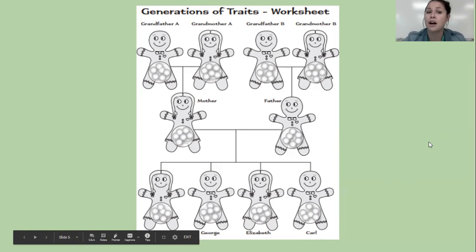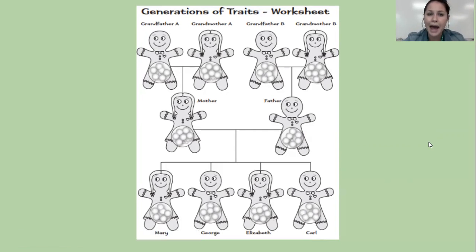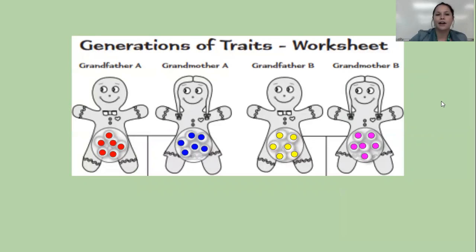We are going to use colors to show how traits are passed through generations of grandparents to parents to children. So if we look at grandfather A and all of his traits as red dots. Now, all of these red dots don't mean the same thing. It could mean one is his eye color, one is his hair color, one is his skin color.